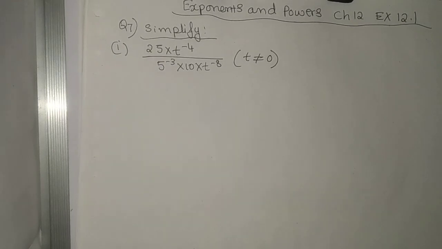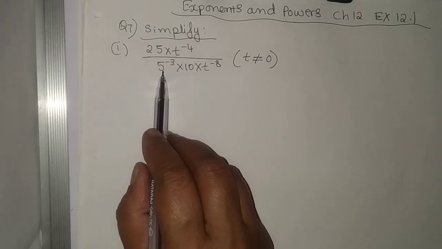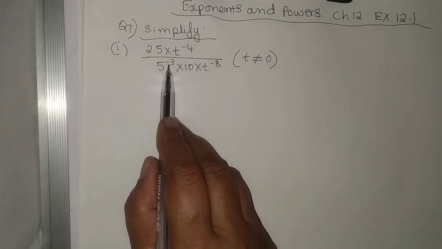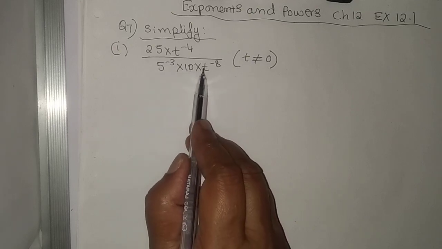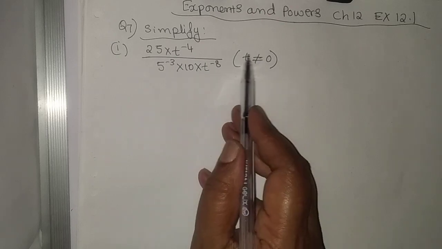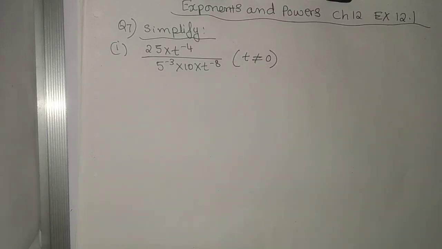The seventh problem is 25 t power minus 4 divided by 5 power minus 3 into 10 t power minus 8. In the bracket they have given t not equal to 0.